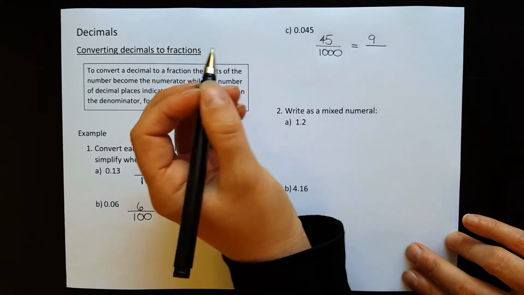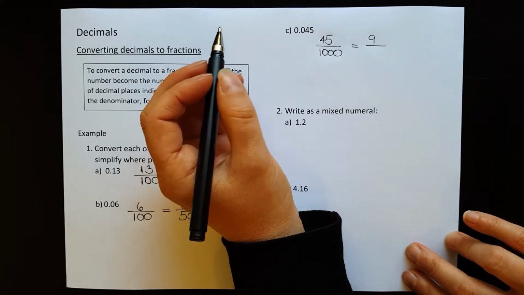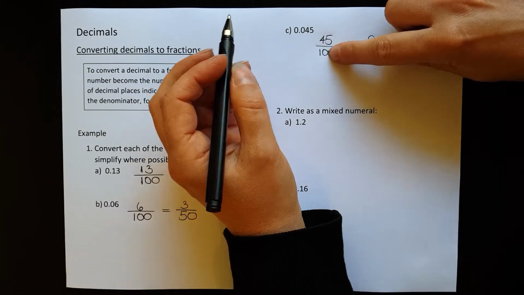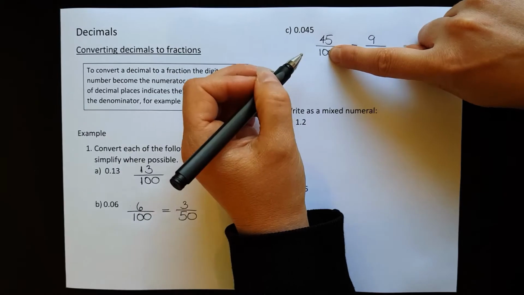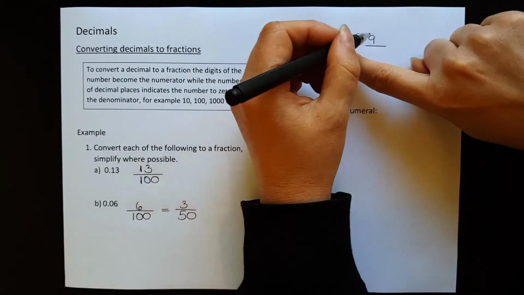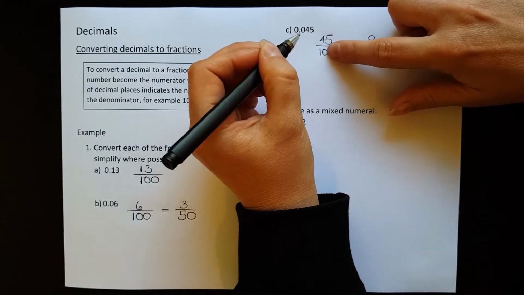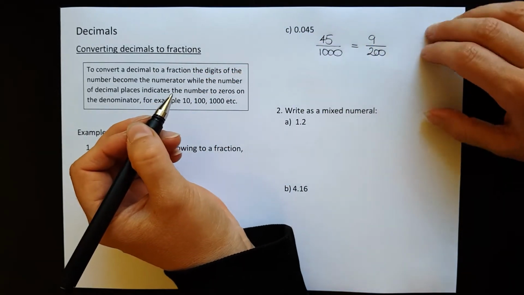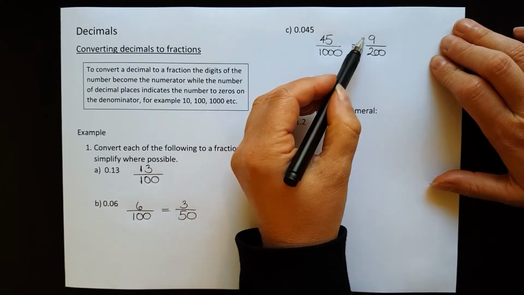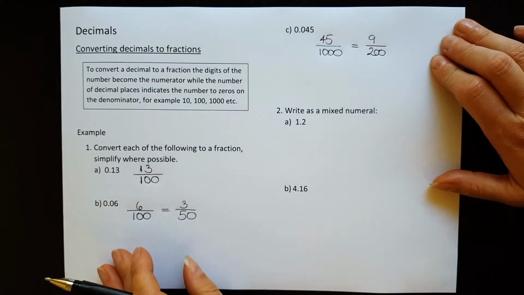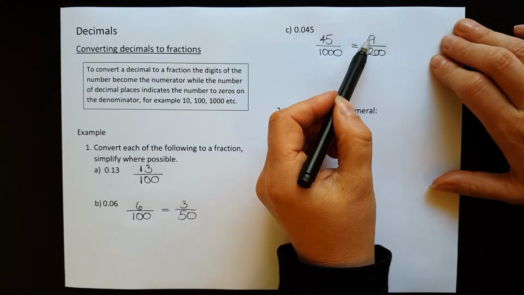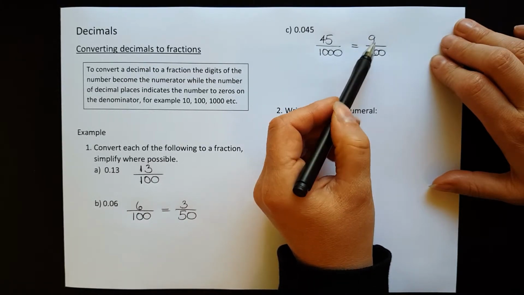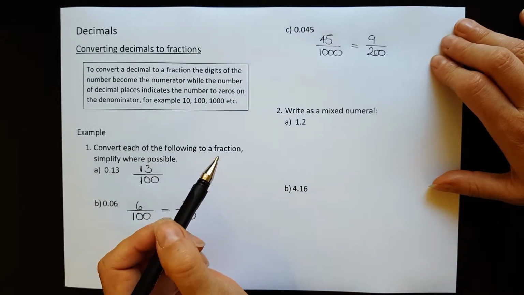Now dividing 1,000 by 5 seems a lot trickier, but if I cover these 2 zeros here, I can easily divide 10 by 5. 10 divided by 5 goes twice, and then these other 2 zeros that I covered up, they just sit afterwards. So I have simplified this to be 9 over 200. Could I divide it by 2 again? No, and I can't divide this one by 3, so that is not going to simplify any further.